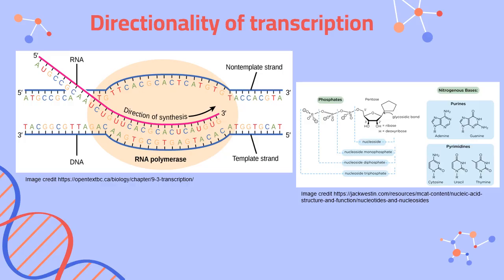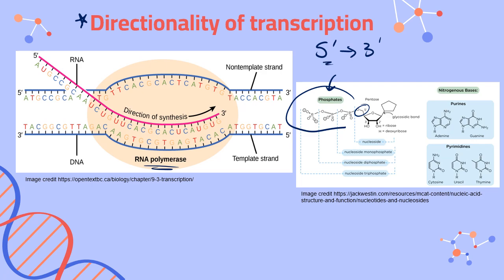Just like we have directionality in DNA replication, we also have that directionality in transcription, and happily, it's the same directionality. So we are still going from a 5' to 3' direction, and the reason is the same. We have those phosphate groups attached to carbon number 5 in our RNA nucleotides, and then the RNA polymerase molecule will use those energy stores in the phosphate groups to bind together each of those nucleotides in the growing strand of messenger RNA.